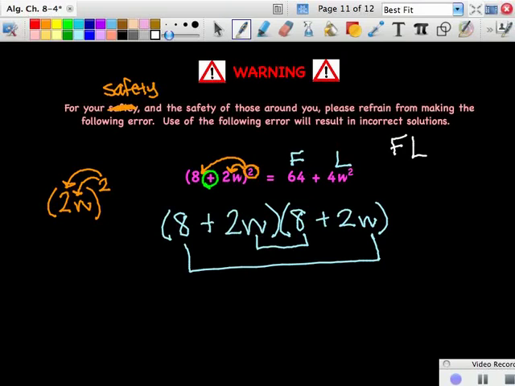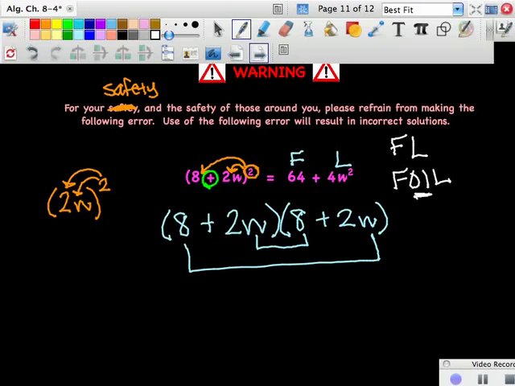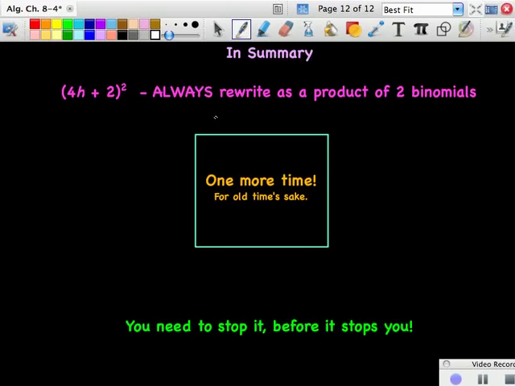Alright, so in summary, take these as they are. Exponent, don't you dare distribute that exponent. Don't do it. And why? Because of that plus sign. Alright, always rewrite it as a product. Remember, product means multiply of two binomials. So, one more time. Are you ready for this?